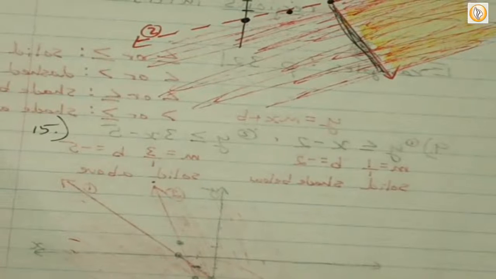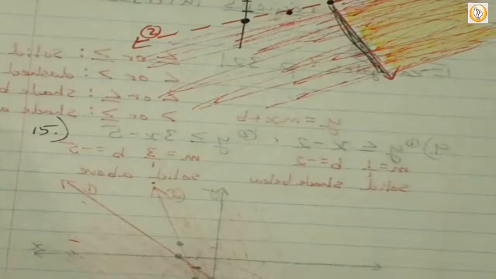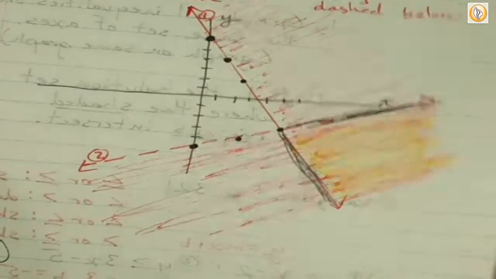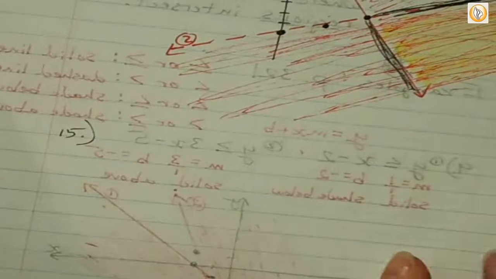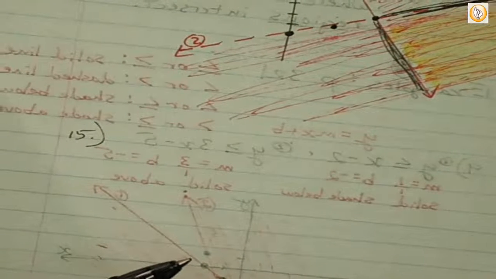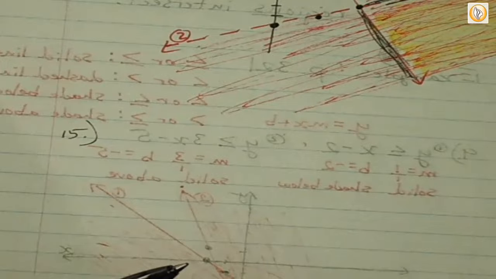Okay, it says write the system represented by each graph. This time we're doing the opposite. They gave you the graph on number 15, and they want you to write the system represented. Notice they are also using two different colors.